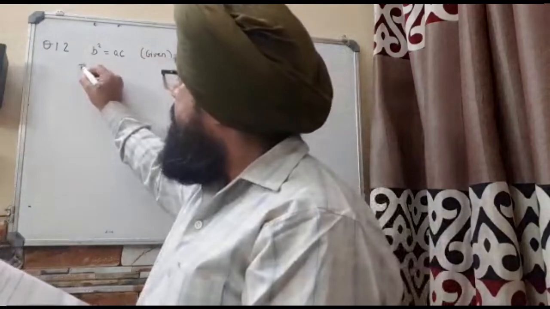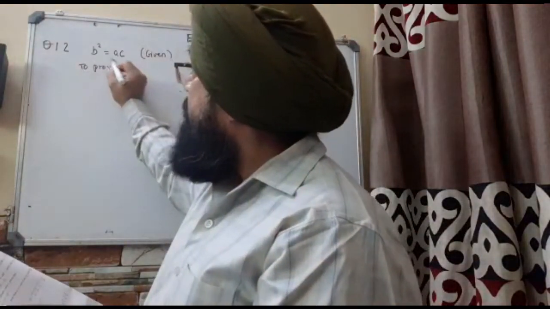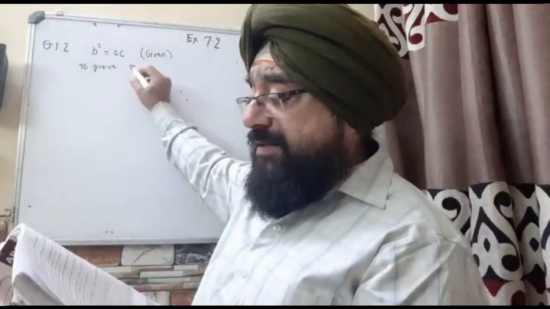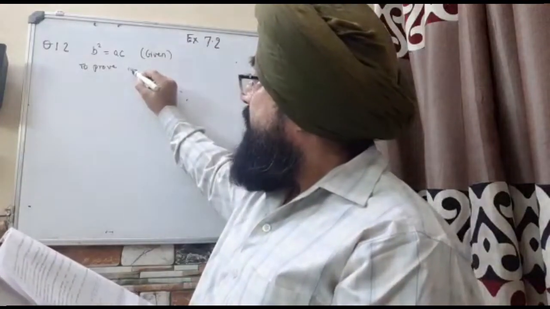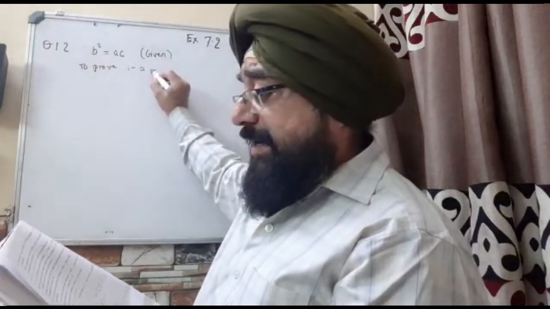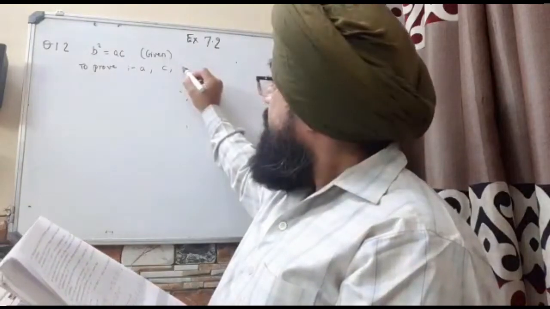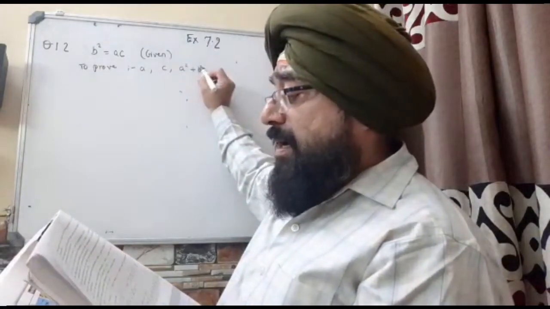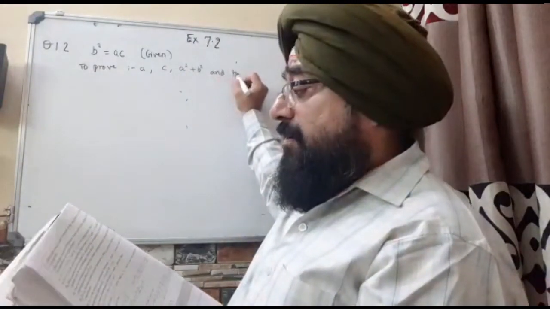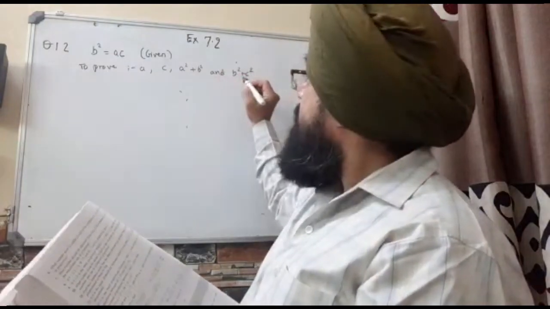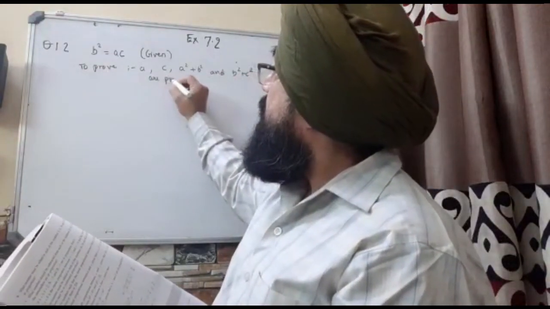And we need to prove that, with the help of this B square is equal to AC, A square plus B square and B square plus C square are proportional.